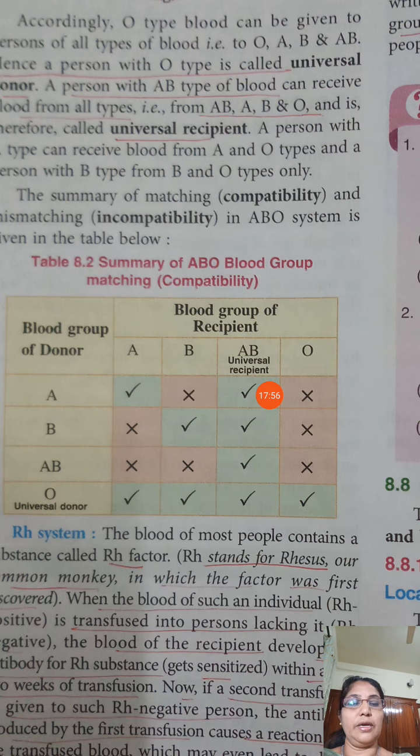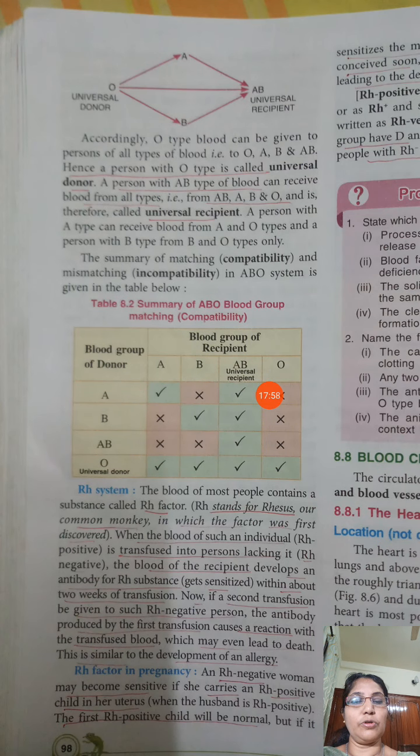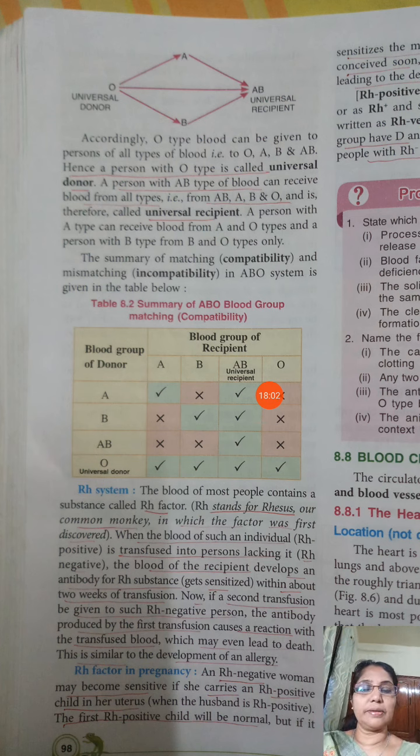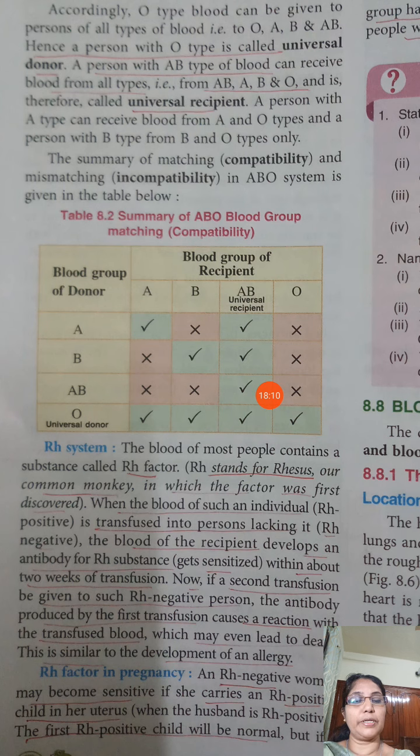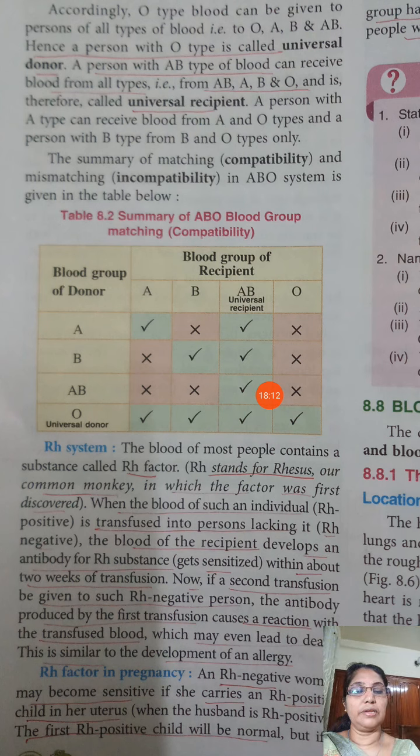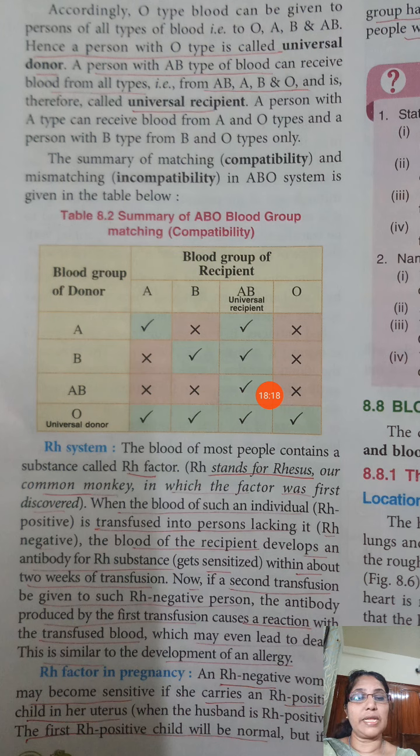Here again another system you can see, the RH system. RH factor stands for rhesus, or common monkey, because that particular protein was first discovered in the blood of the common monkey. So it is the rhesus monkey, and that factor is known as RH factor.